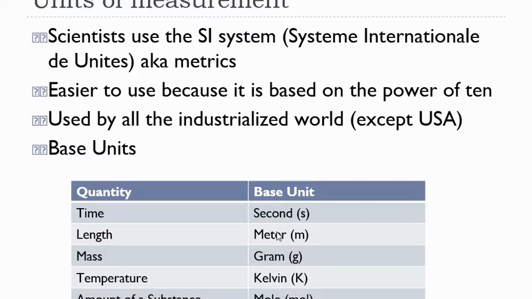Meters: you might see signs for kilometers, and we use centimeters in here all the time. Grams, that's what we use for our balances when we weigh out things in here. We have temperature in something called Kelvin. And the amount of substance is in something called a mole. As we move through the year, we will get into that mole and determine what that is.